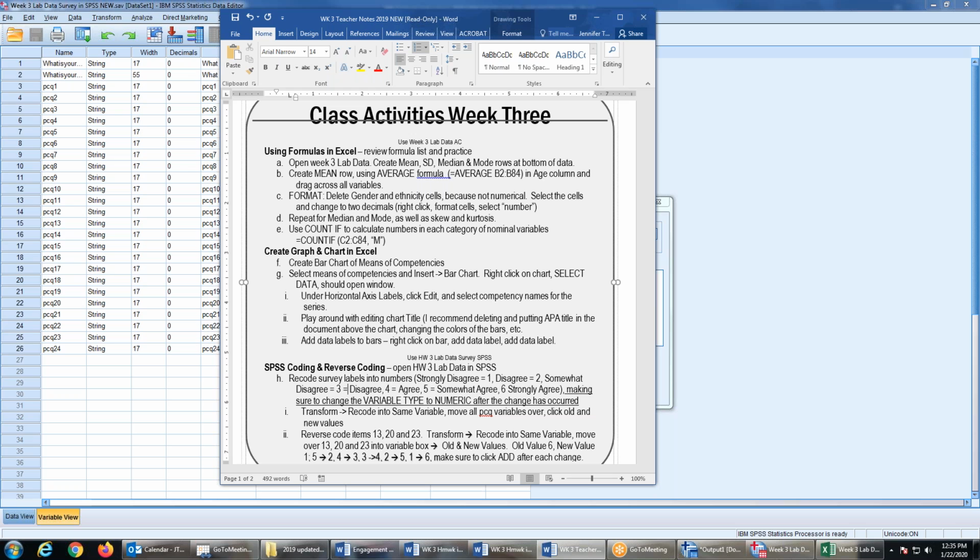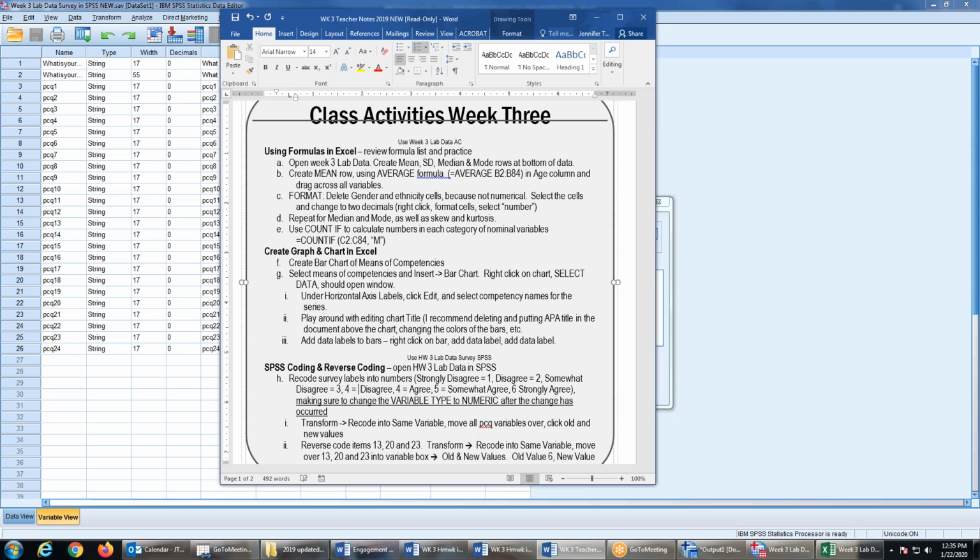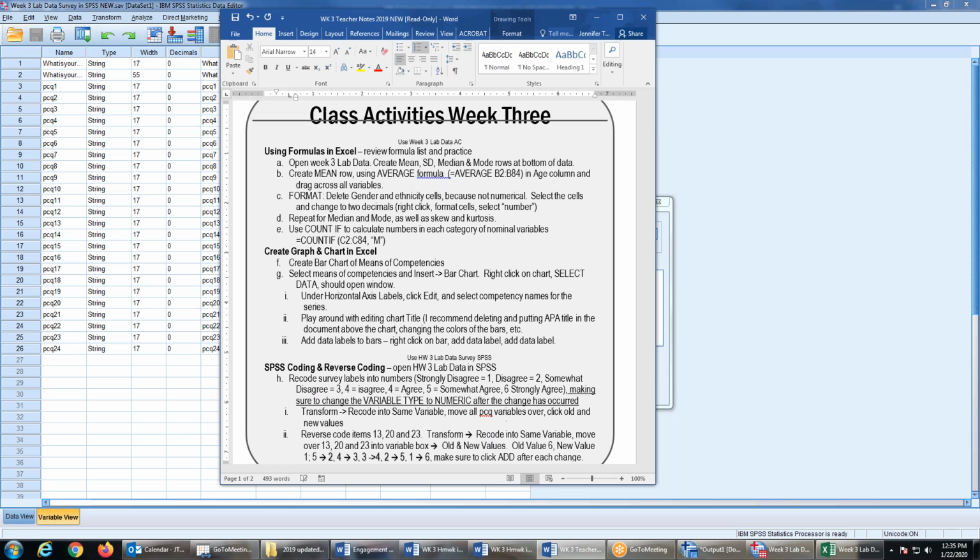Okay, so does this look right to you, how I'm changing? 4 would equal somewhat agree, 5 would be agree, and then 6 would be a strongly agree.